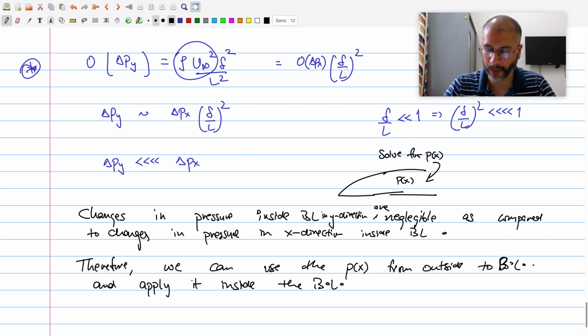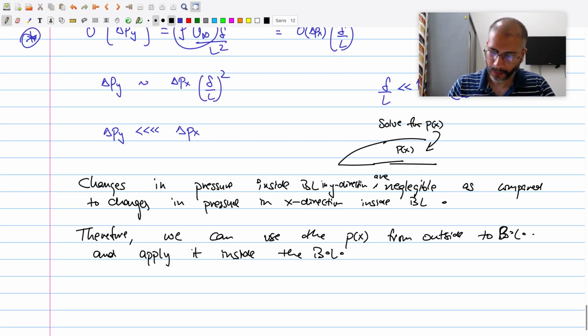In this chapter we are not interested in that. We'll solve for the potential flow equations, or we'll use the idea of Euler's equations, which are basically inviscid Navier-Stokes equations, which are basically going to give us the Bernoulli equation. So from there we can calculate the pressure function as a function of x, and then we can use that for inside the boundary layer as a known.